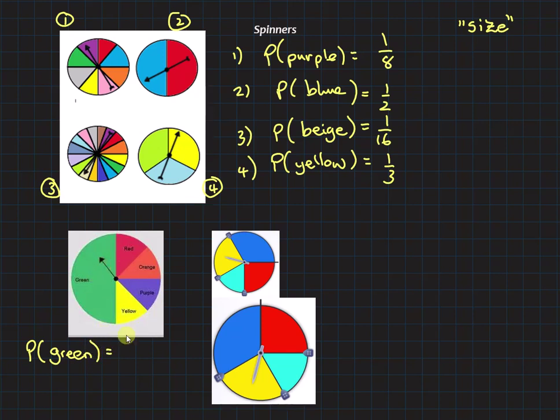So this is half of the circle, so the probability of green is a half. So that means that each of these 4 sections make up another half, so the probability of red should be 1/8. And so is the probability of the orange, the purple and the yellow.